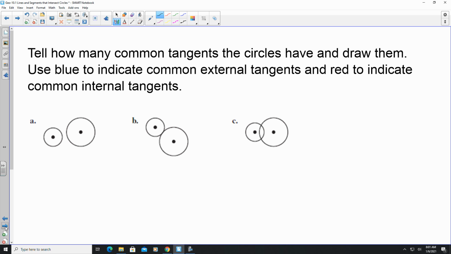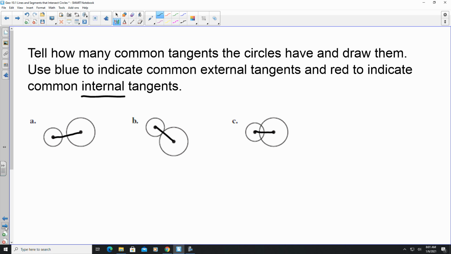The first thing you're going to look at is, I'm going to draw a line segment between the two center points. So here, here, and here. Looking at example A, if you have a line that is tangent to those two circles and it crosses the line segment that I created, then it is considered to be an internal tangency.